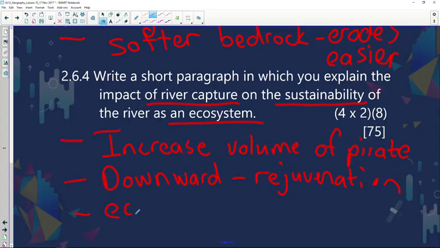Another reason that we're going to go have a look at, the ecosystems will be disrupted further along the misfit stream.